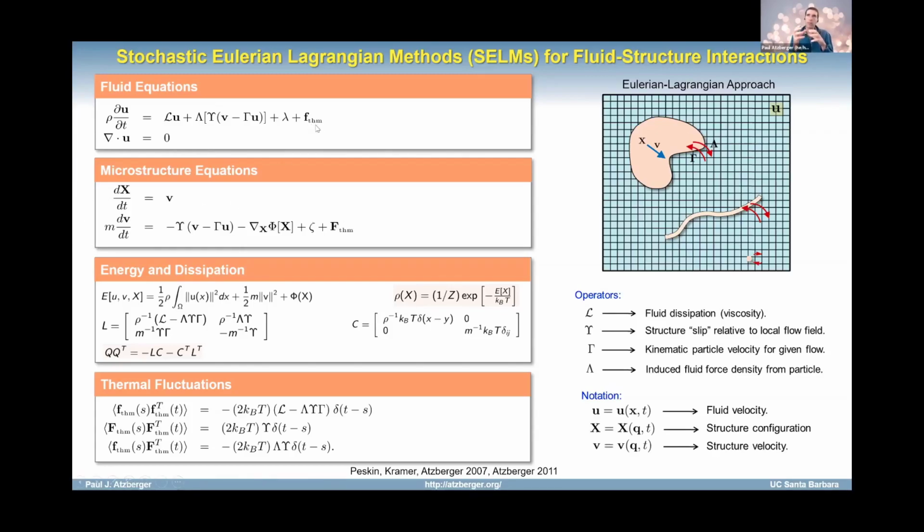But there's also, at the molecular level, collisions of the fluid particles with the microstructure particles, and that's leading to this cross correlation with f therm. And of course, within the microstructures themselves with the fluid, leading to this f therm. So this allows us to self-consistently capture all of those different types of collisions and cross collisions in an appropriate manner at the level of these Gaussian random fields.